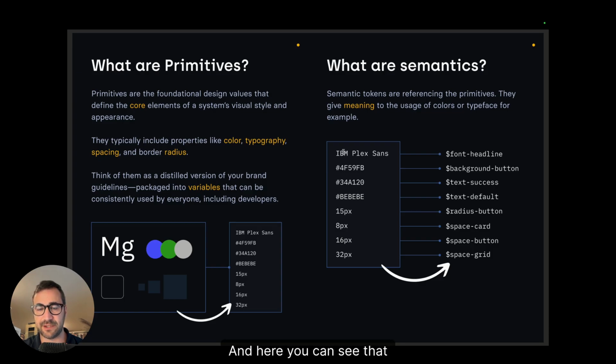Here you can see that from this value we create these new variables with a meaning behind it. So we know that this value is used for headlines, that this color is used for backgrounds, and this pixel value is used for the radius of our buttons.